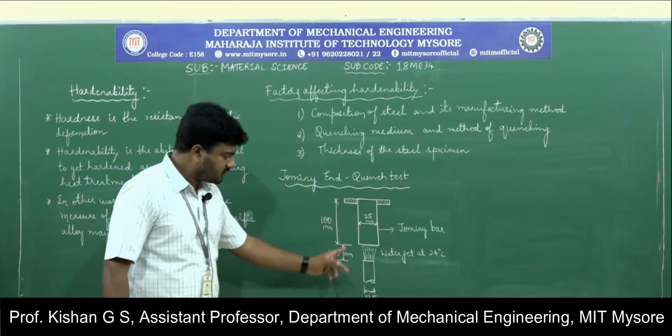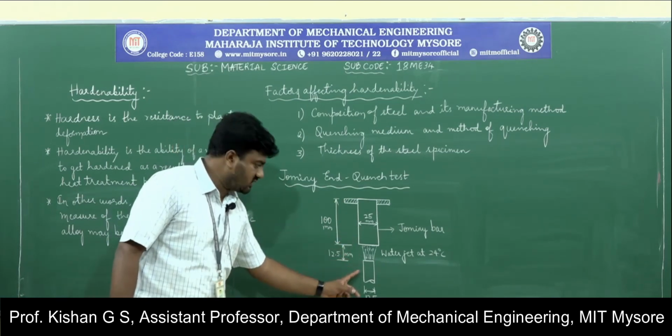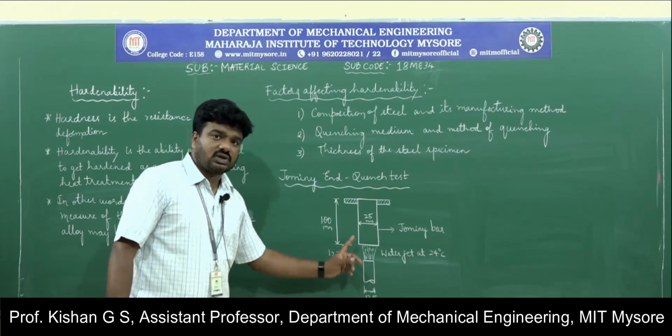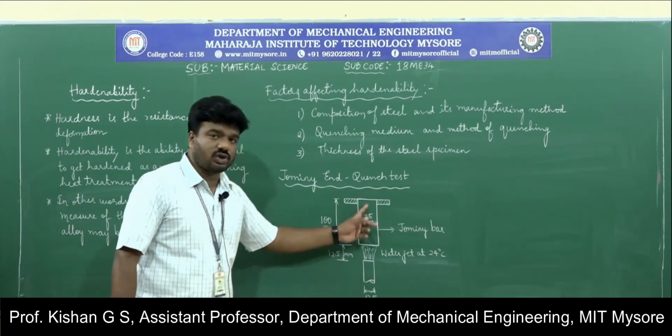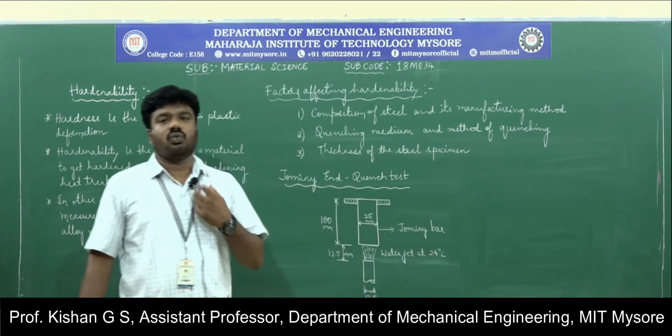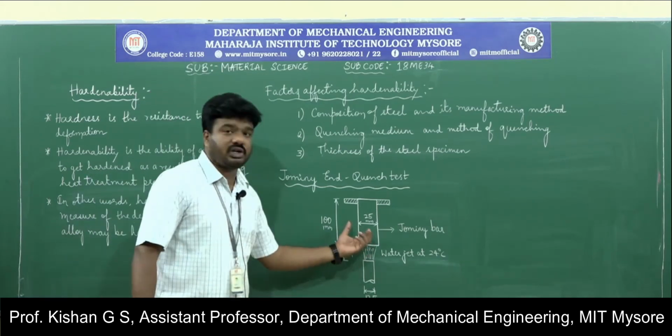From a distance of 12.5 millimeter, with a water jet having an opening diameter of 12.5 millimeter, you spray water onto one end of the Jominy bar at 24 degrees Celsius.